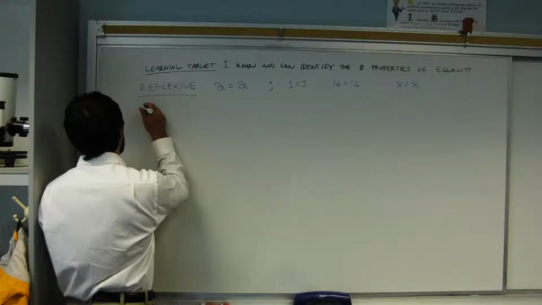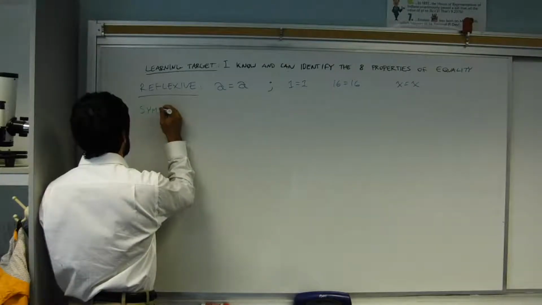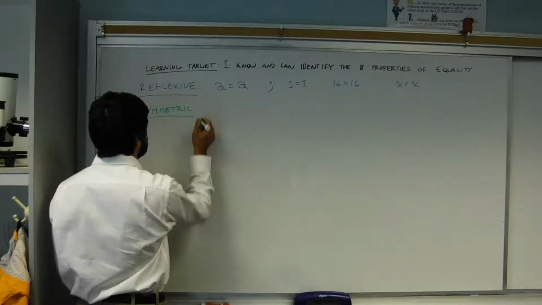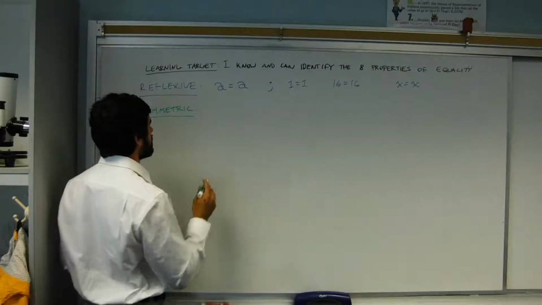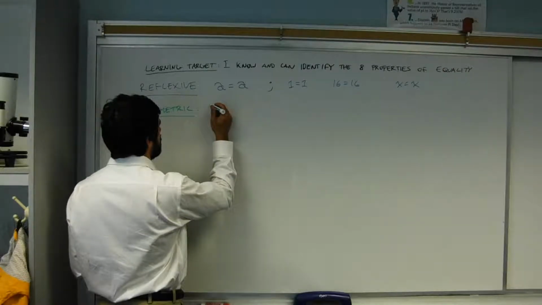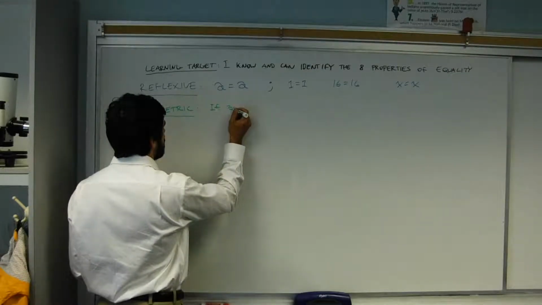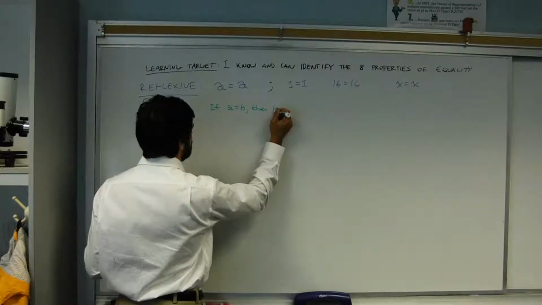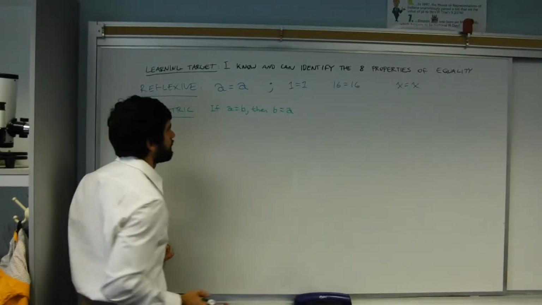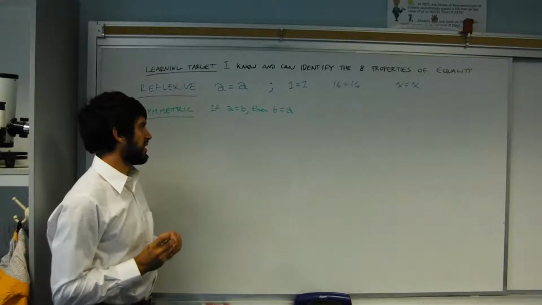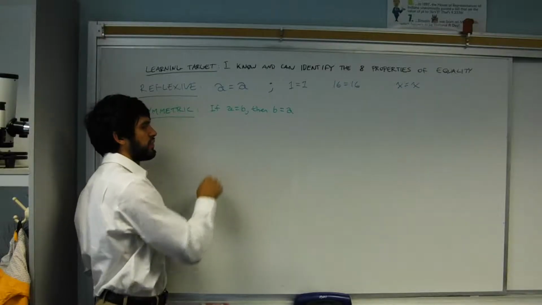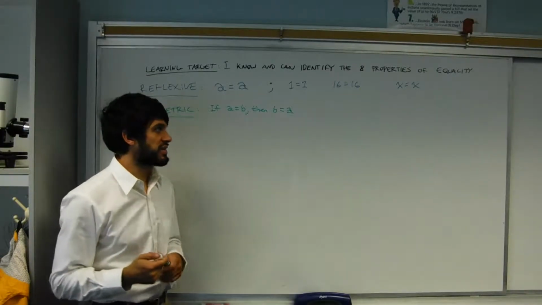So next is another one that you probably take for granted, the symmetric property. The symmetric property tells us that if A is equal to B, then B is equal to A. So essentially, we can flip the sides of an equal sign and it's still the same.